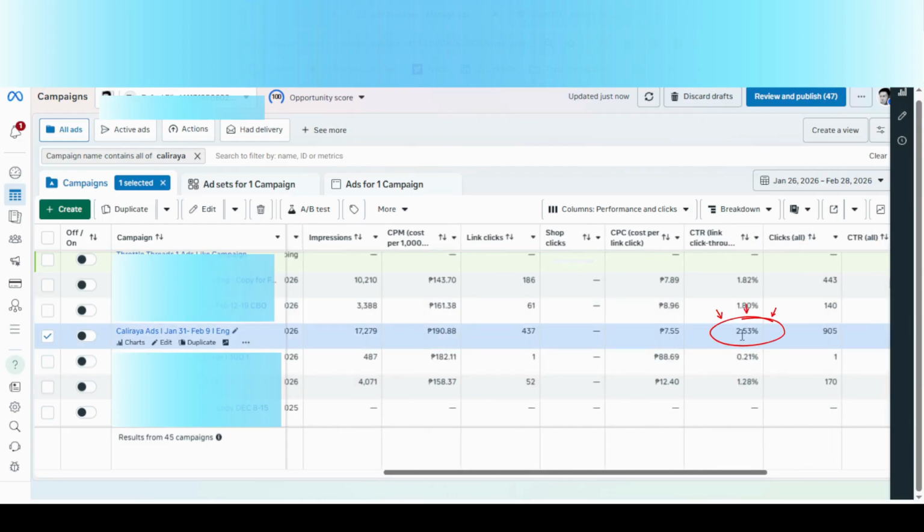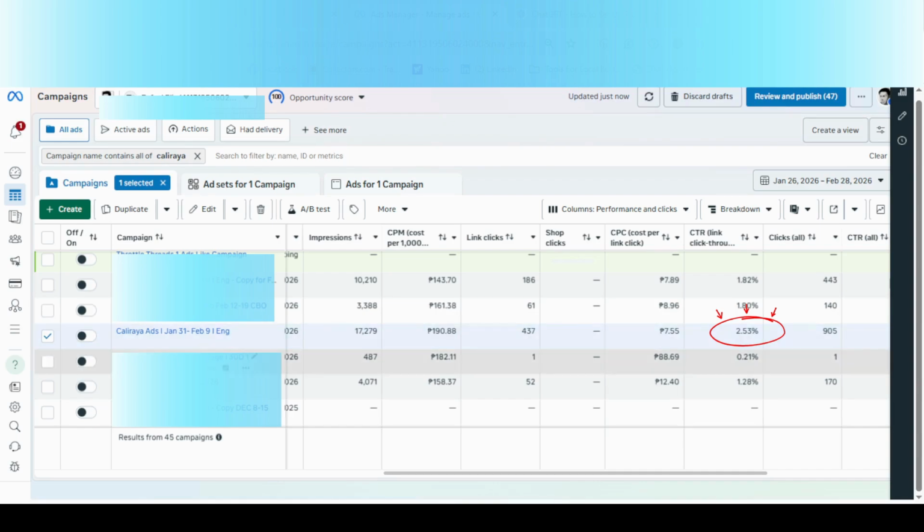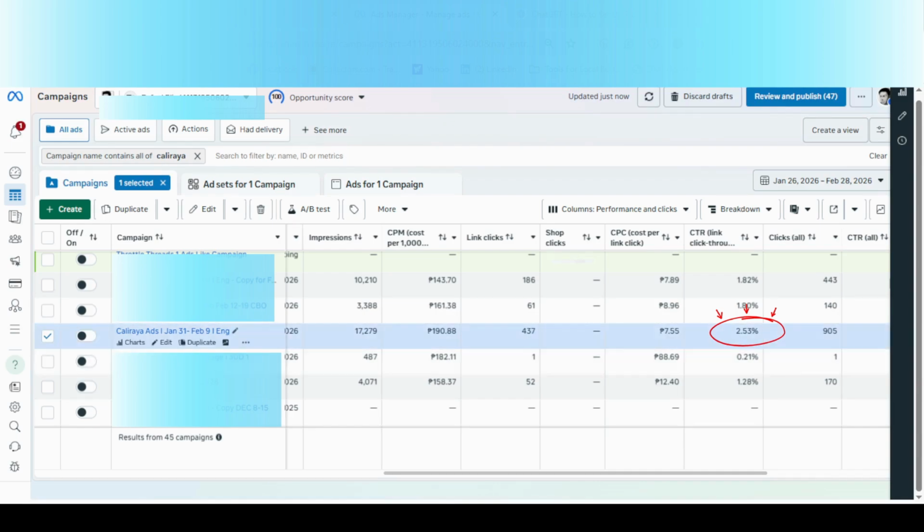This is the last one of the metrics you need to check. Basically, your click-through rate here is 2.53%, no? The benchmark is 2% to 5% plus. So the campaign ad result is 2.5, it's within the benchmark.